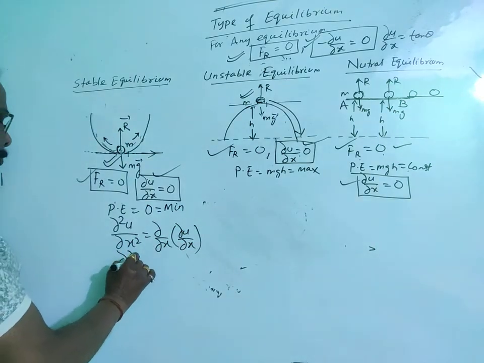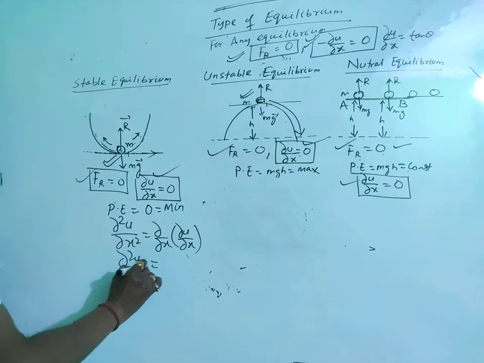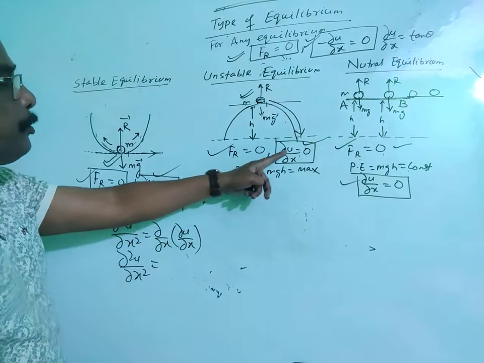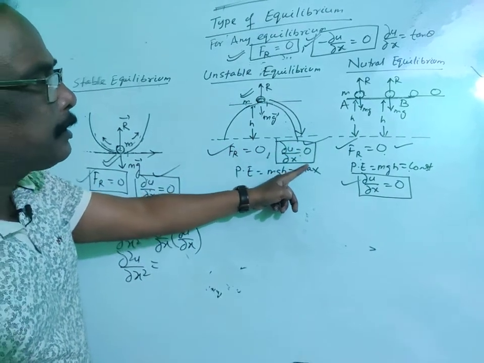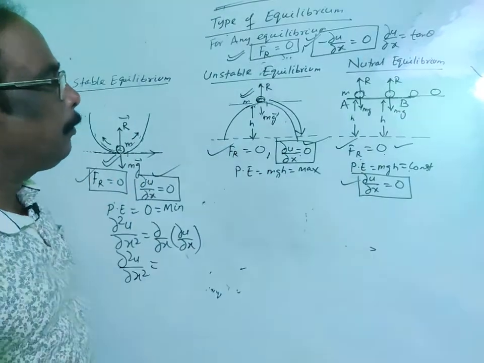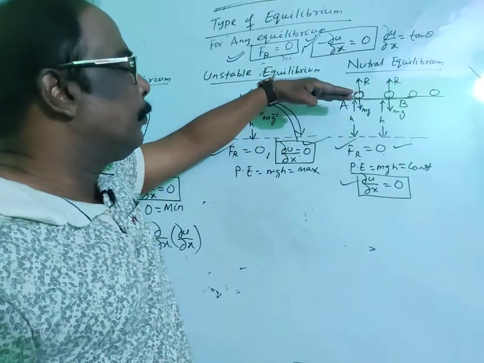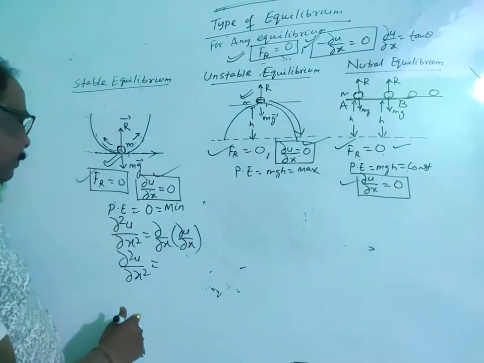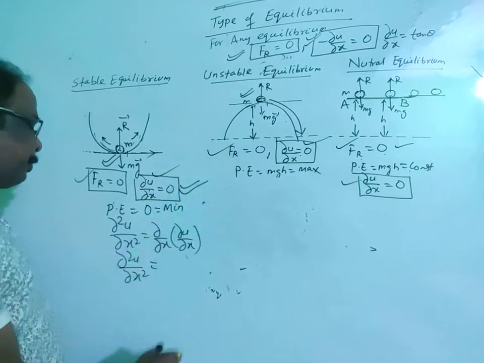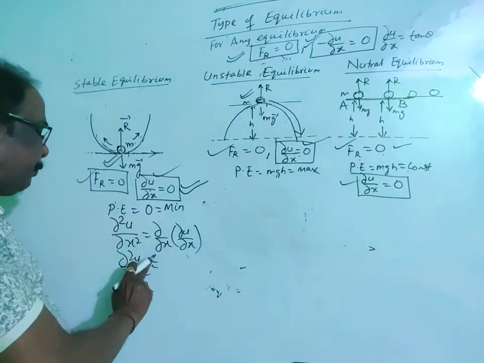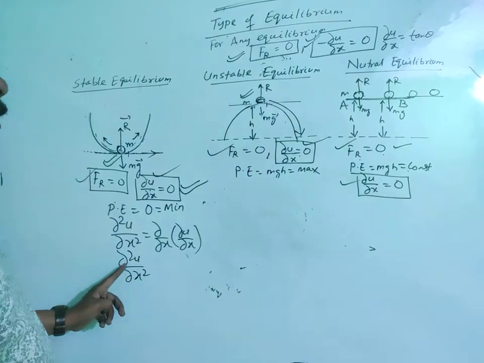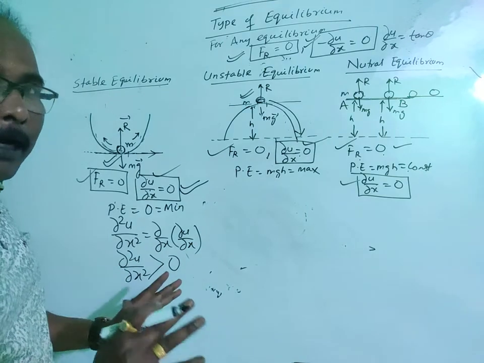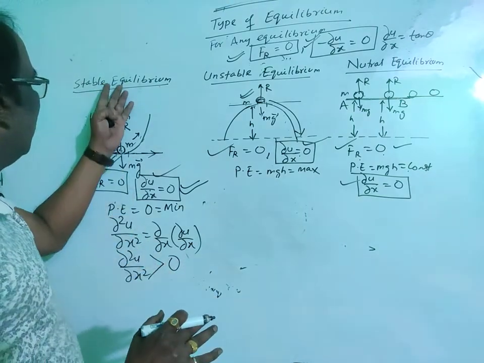For stable equilibrium, du by dx is 0; for unstable also du by dx is 0. For neutral equilibrium, potential energy is always constant. Again, this condition is the same. But for stable equilibrium, if du by dx is 0, then d square u by dx square will be greater than 0. This is the condition for stable equilibrium.